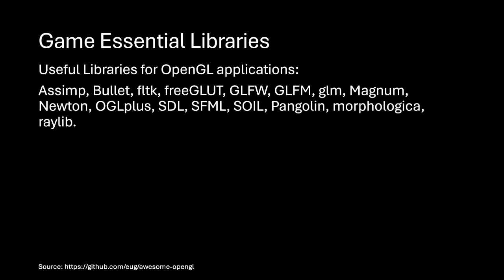Magnum is a 2D or 3D graphics engine for modern OpenGL. Next one is Newton. Newton is a cross-platform, lifelike physics engine. Next one is OGL plus. This is a collection of libraries which implement an object-oriented facade over OpenGL.